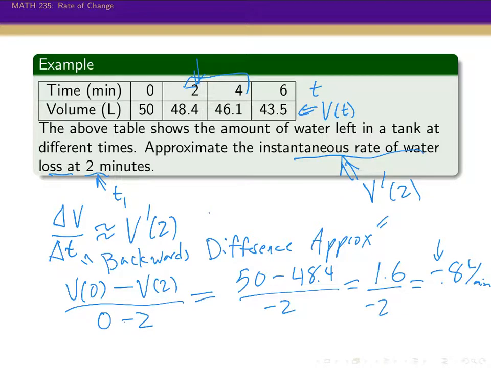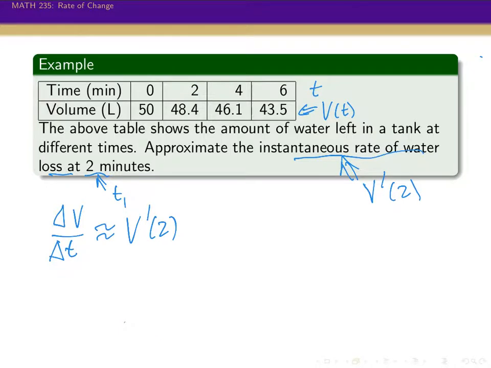Well, the negative here means that we are losing water, that we are not gaining, the water is going out. So the rate of change being negative means that it is a loss, as we have stated in the problem. Now, there's one other way to think about this, so let's clean this up again. Lastly, we could use what's called a central difference.